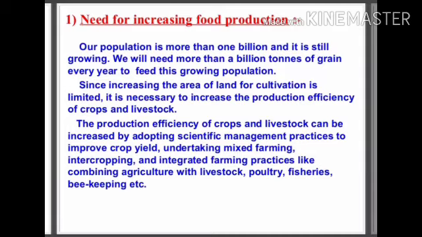We can go for apiculture in it so that production efficiency can be achieved and our growing population can be fed easily, because we need to produce billions of tons of grain each year to feed this growing population, which is currently increasing very rapidly.